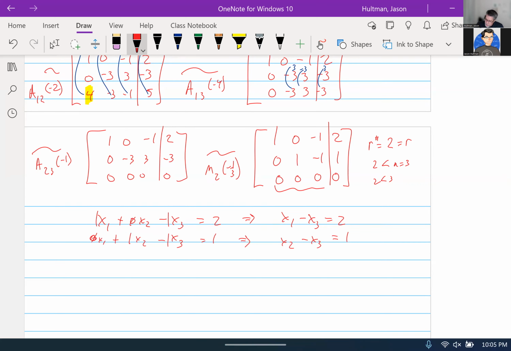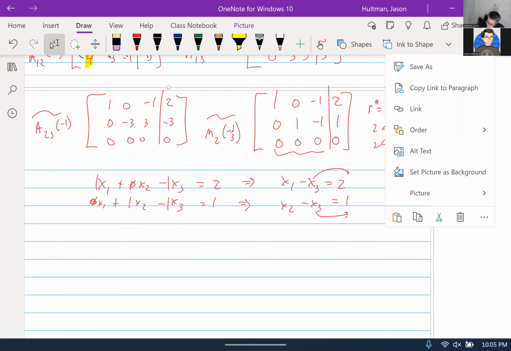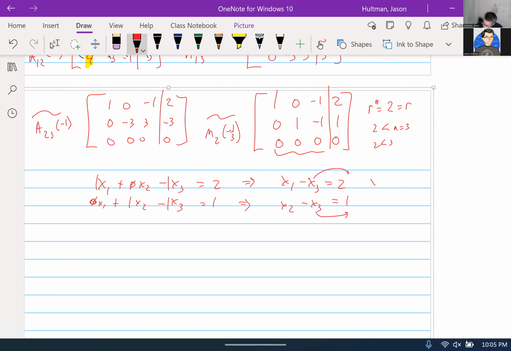And so what I can do is toss the x3 to the other side, and in both equations I could say that x1 is equal to 2 plus x3, and that x2 is equal to 1 plus x3.